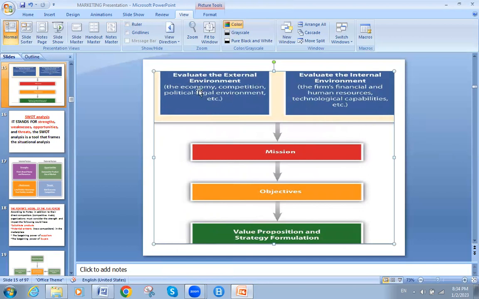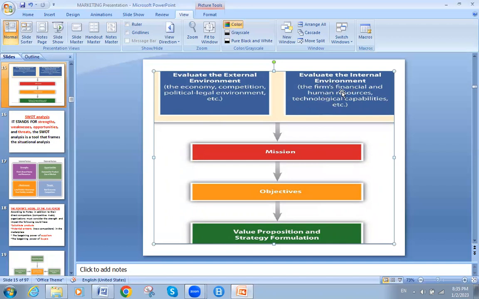To make a strategic plan, you have to evaluate first the external environment and evaluate the internal environment. That means you have to know everything about the social and the economic environment. External is the social environment, economic environment, religious environment, cultural environment. Those we call the external environment. At the same time, we have to check out the internal environment.